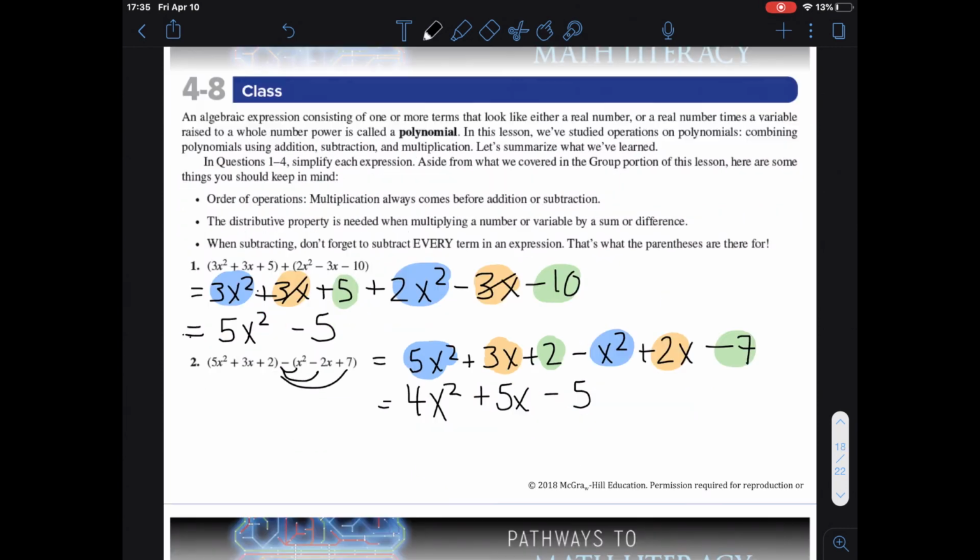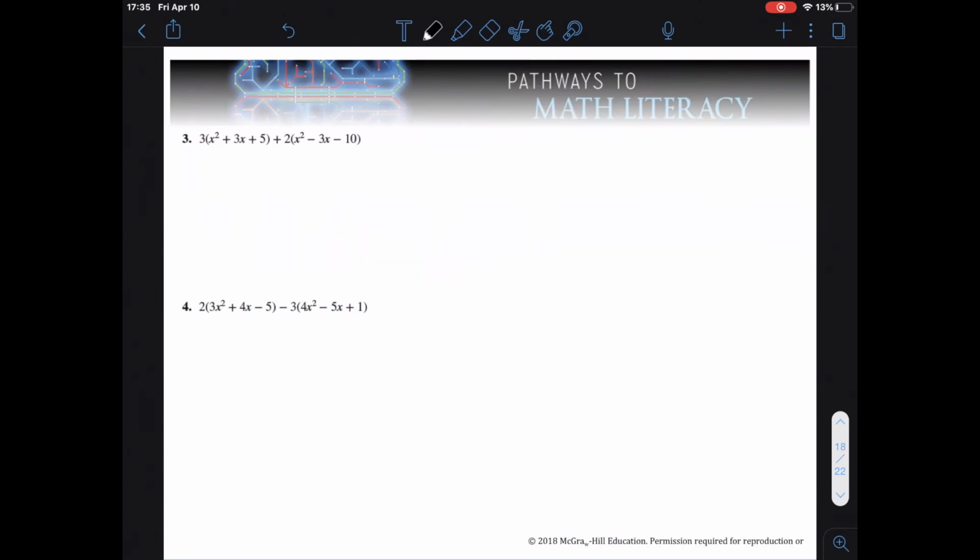Okay. So let's try some more. Again, for both of these, I've got to distribute the 3 and distribute the 2 before we can actually simplify. So if you distribute the 3 out, you get 3x squared. 3 times 3x is 9x. 3 times 5 is 15. Then distribute the 2, you get 2 times x squared. 2 times negative 3x is negative 6x.